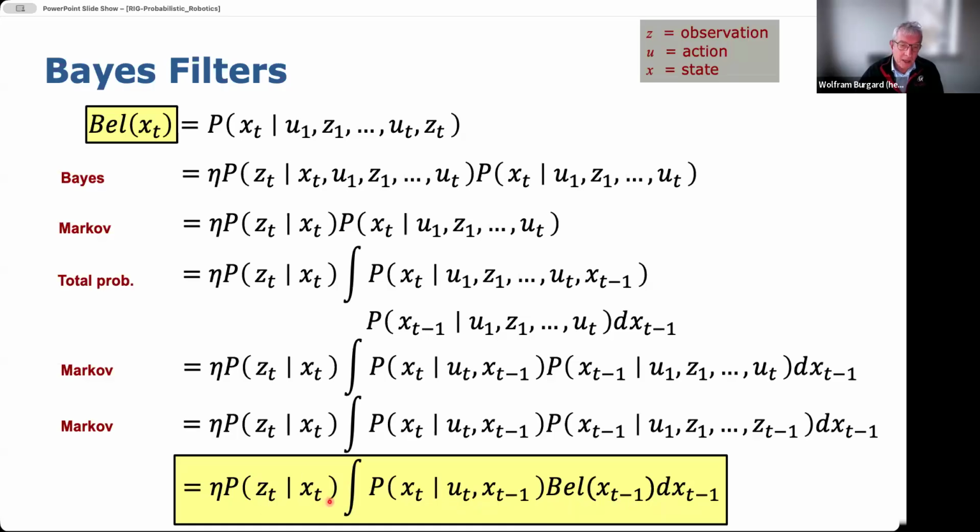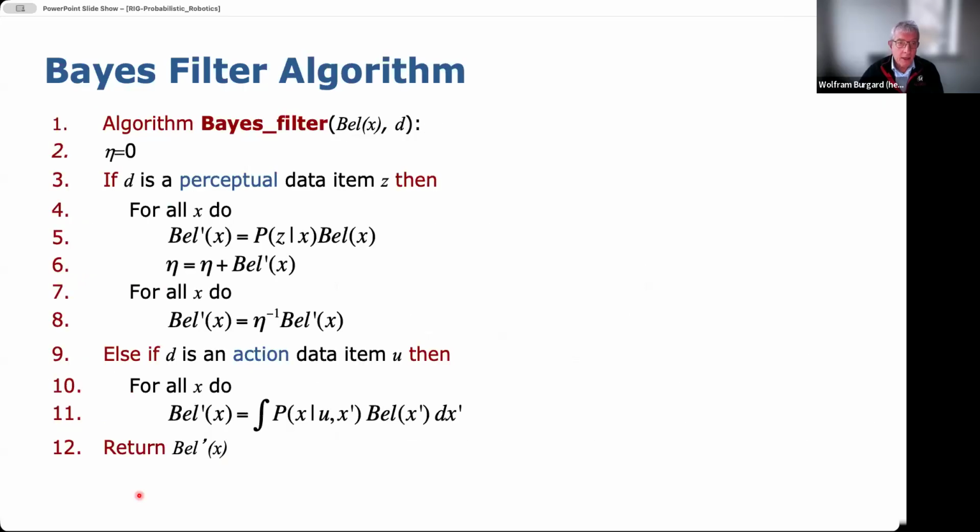And then we multiply the resulting probability with the likelihood of measuring zt given we are in xt. And this eta here, once again, is just the normalization constant that makes sure that bel of xt sums up to 1 over all x. And this is basically the algorithm that we are using now for this purpose. It's the so-called recursive Bayes filter.